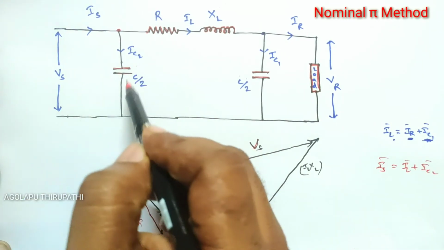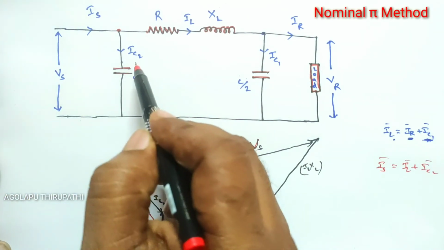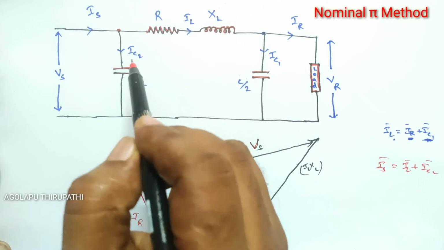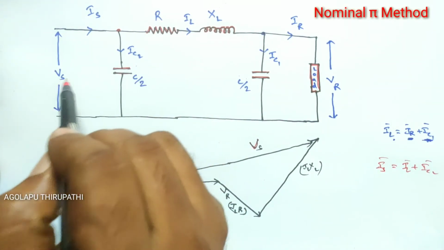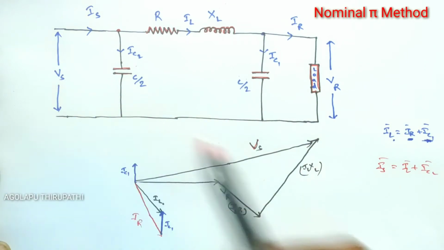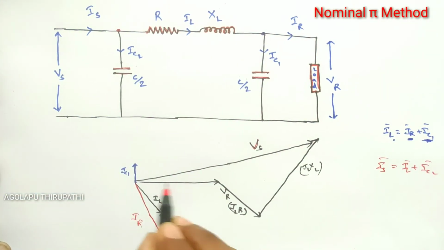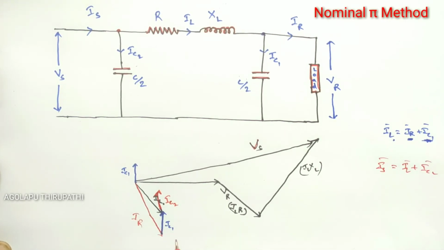Okay, so what is the voltage across this particular capacitor? Vs is the voltage. So if you want to draw this IC2 vector, it should be leading the sending end voltage, right? So draw the IC2 vector which should be leading the Vs. Here I am taking this Vs vector, and this is perpendicular to Vs. So this is IC2.